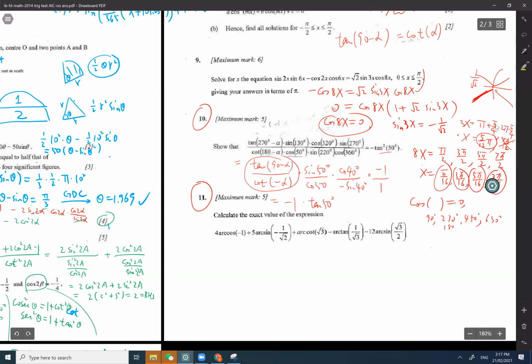Cos 40 is the same as sine 50. Sine 40 equals cos 50. So another tan 50. So the final answer, negative tan 50 squared. Not easy.